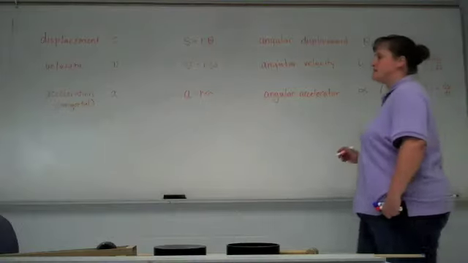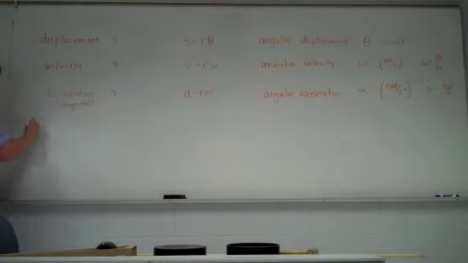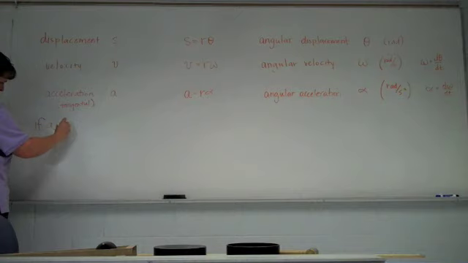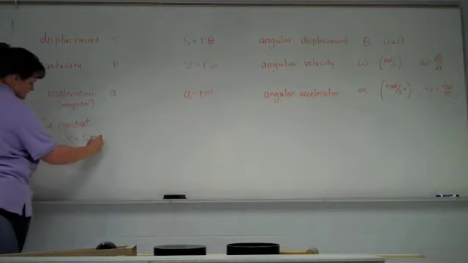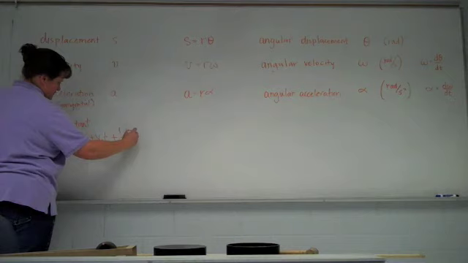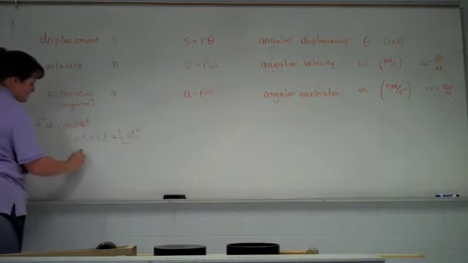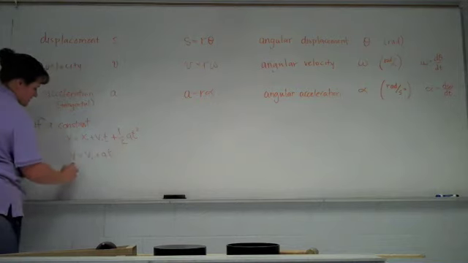Just like we had for our linear quantities, if our acceleration was constant, then we had a set of kinematic equations that we could use to relate velocity, position, and time to our acceleration.